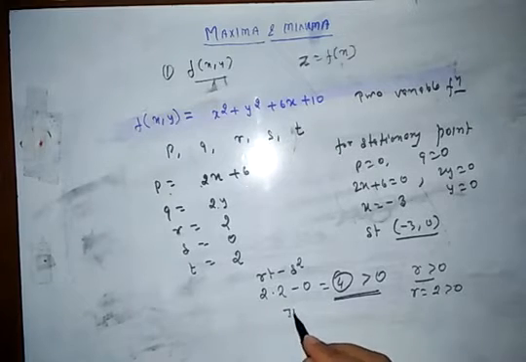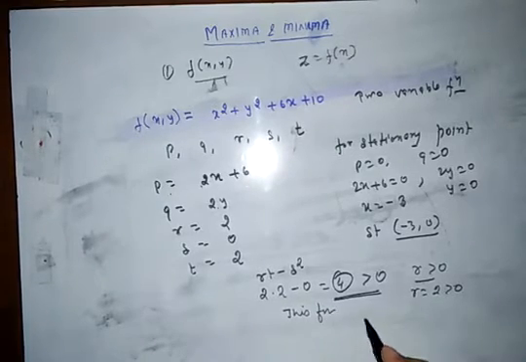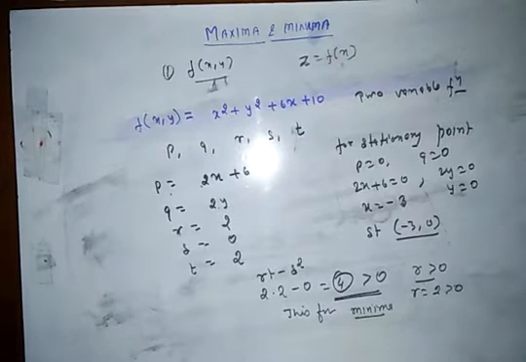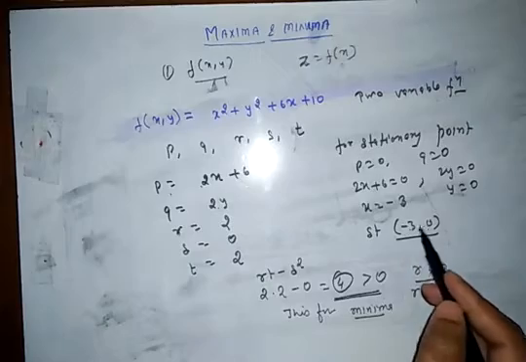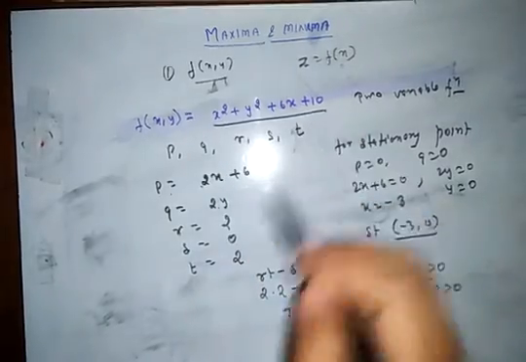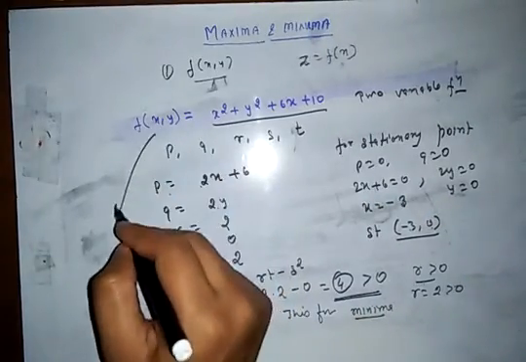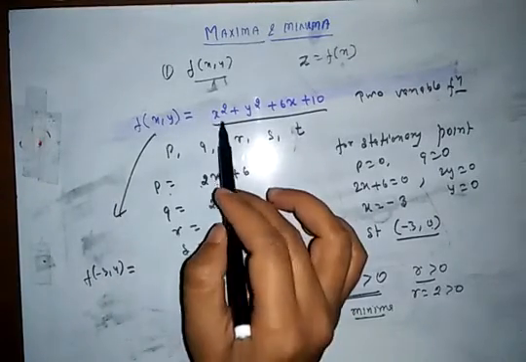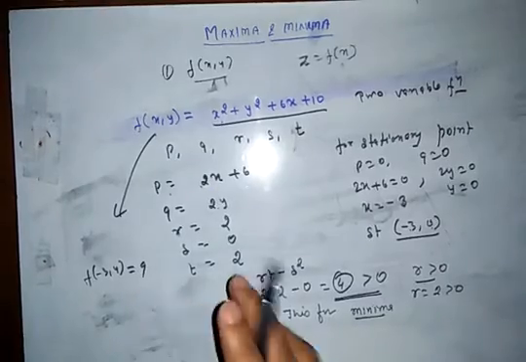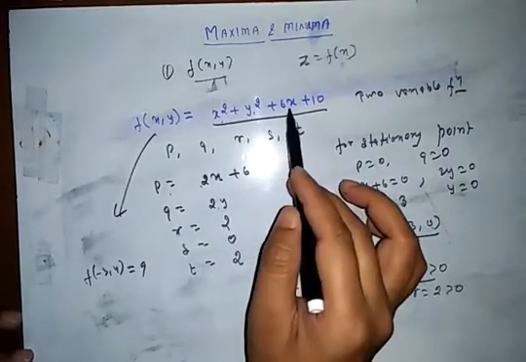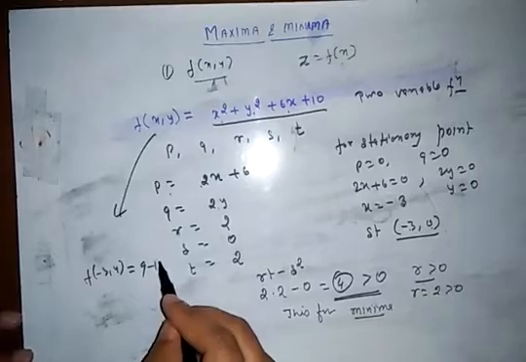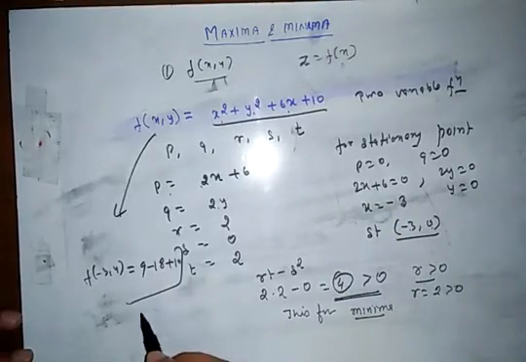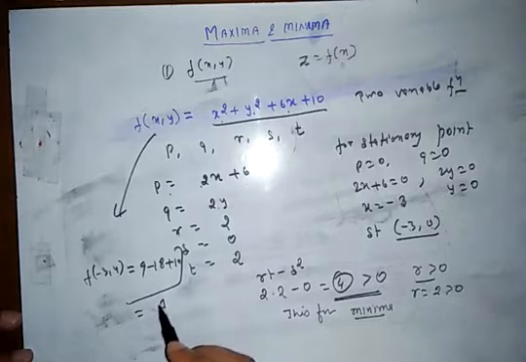So what is the minimum value? Put the values minus 3 and 0 in the given function and you will get the minimum value. Putting f of minus 3 and 0, you will get 9 minus 18 plus 10, which gives you 1.